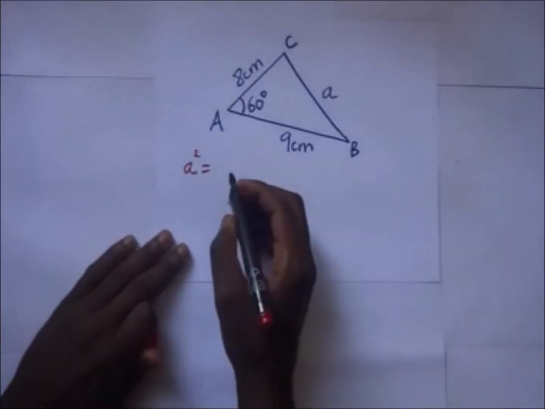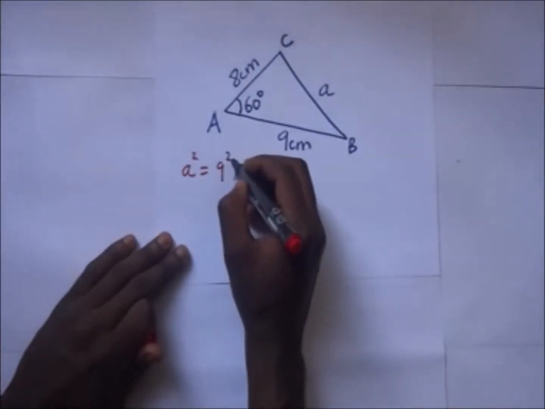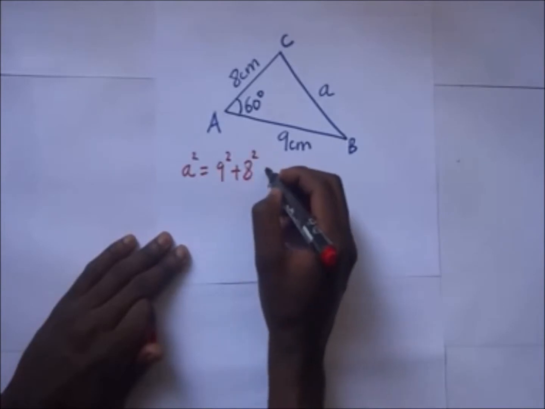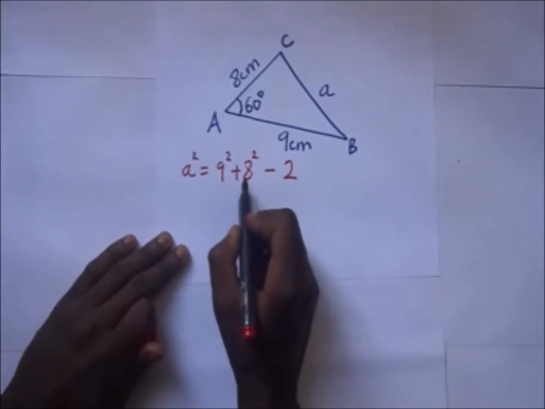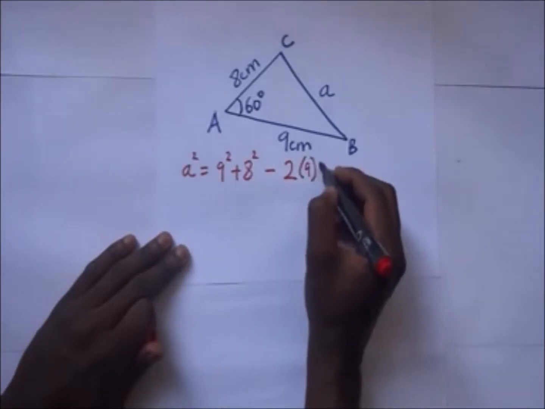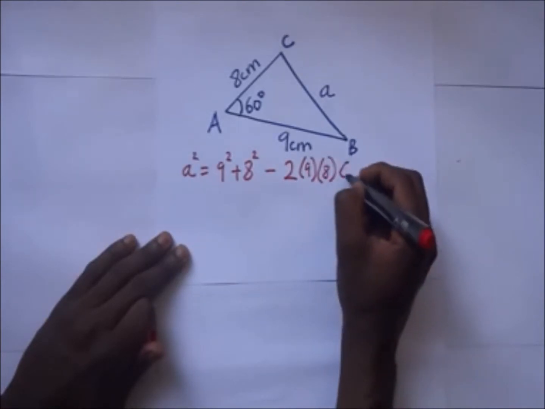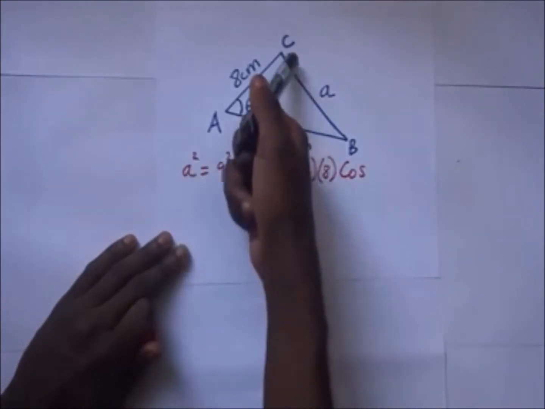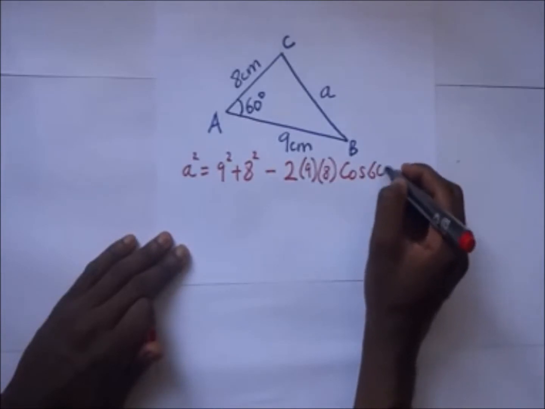So it becomes a squared equals 9 squared plus 8 squared minus 2 times 9 times 8 times cosine 60.